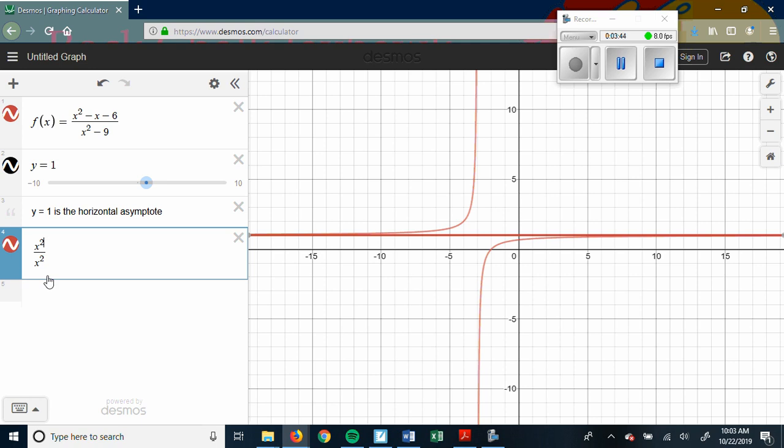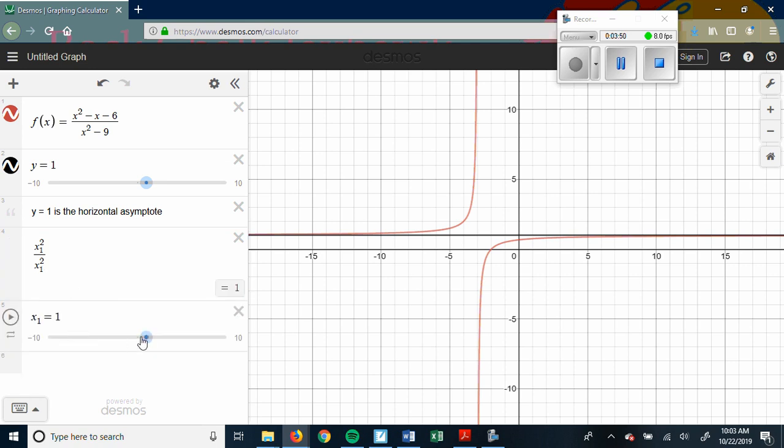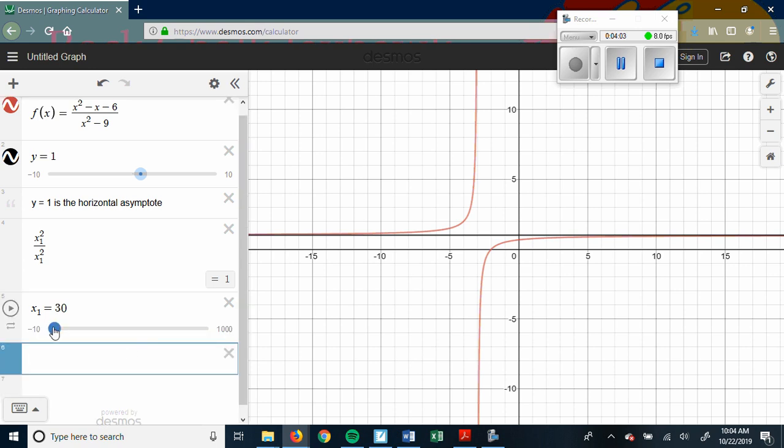Let me change this to x squared over x squared. As x gets big, you know that that's equal to 1. I'll change this to 1,000. What's going to happen? It stays 1, and so that's why our horizontal asymptote is 1.